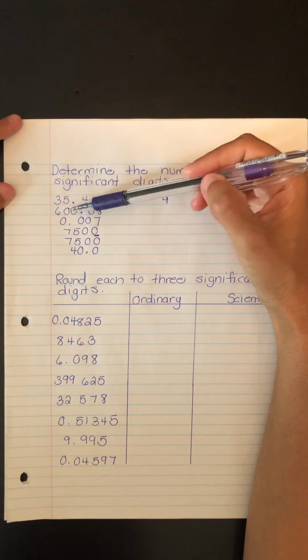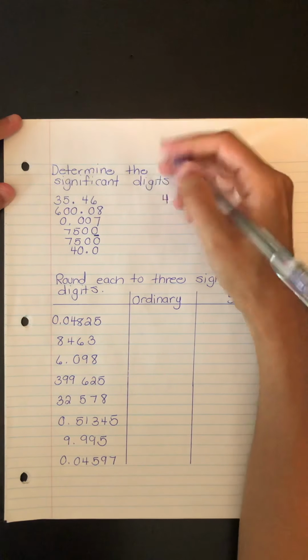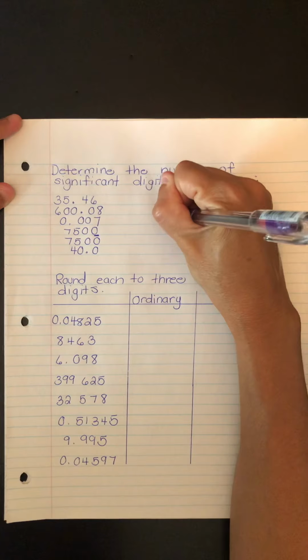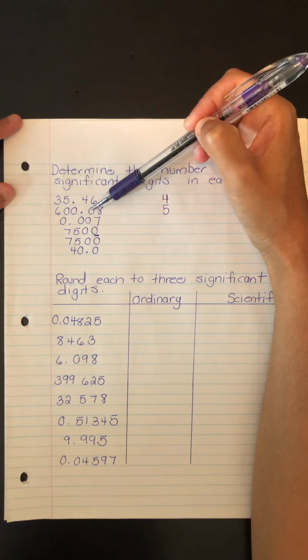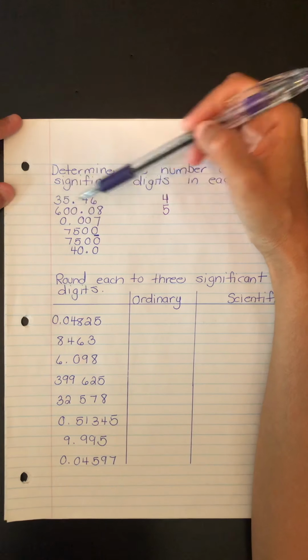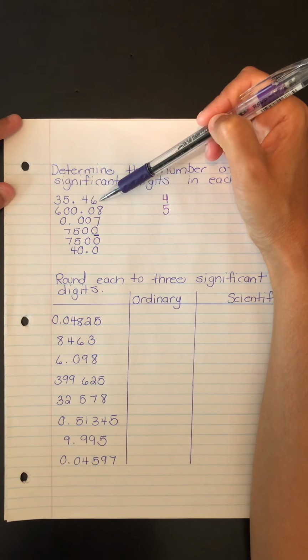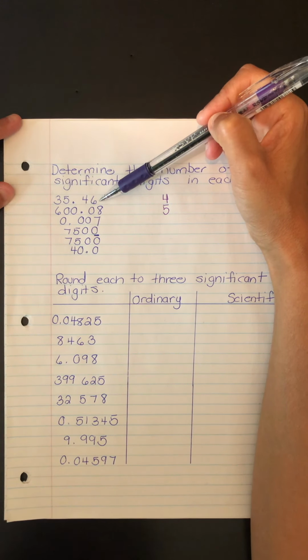This number, 600.08, has 5 significant digits. The zeros, the 3 zeros, are located between the 6 and the 8, and therefore they count as significant. That's rule 2 on our list.